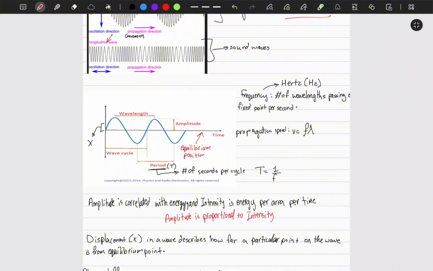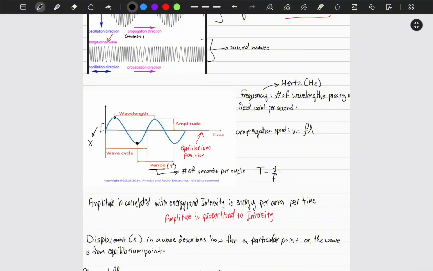Now, when you're looking at a wave, there are important definitions that we need to talk about: wavelength, wave cycle, period, amplitude, and time. So, starting off with wavelength, the best way to think about it is it's the distance between two crests or two troughs. Crest is the peak of a wave, the highest point, and trough is the lowest point of a wave.